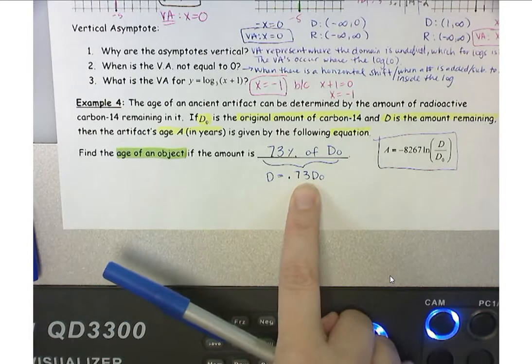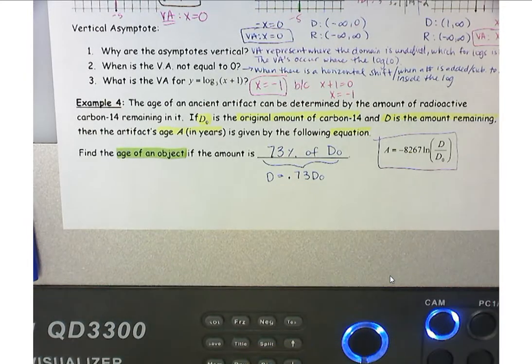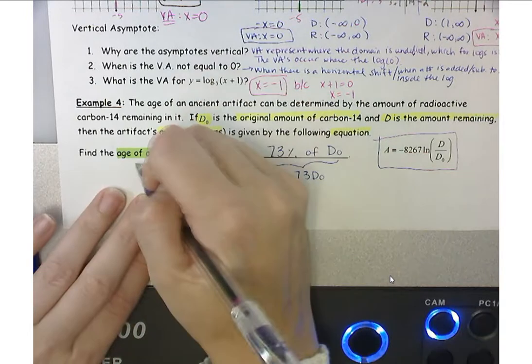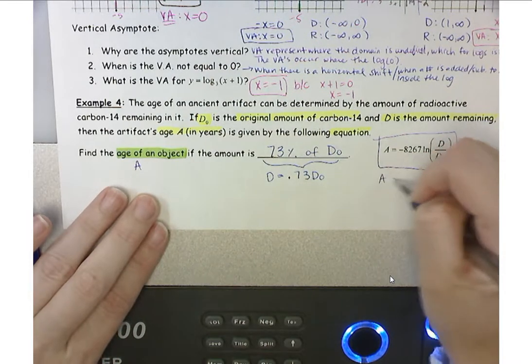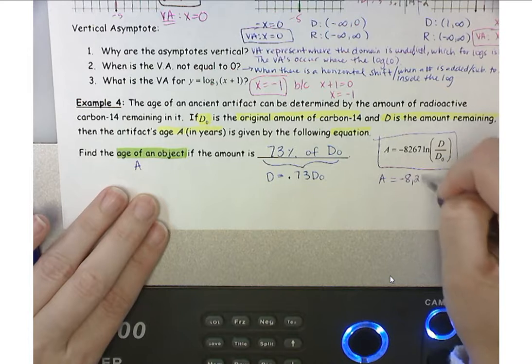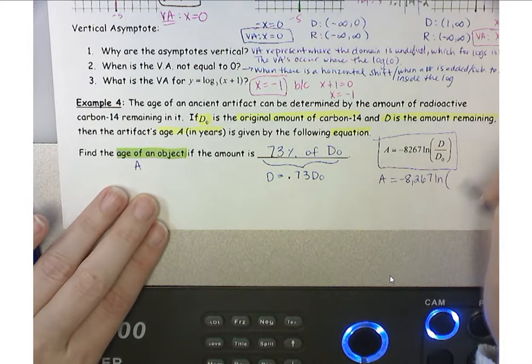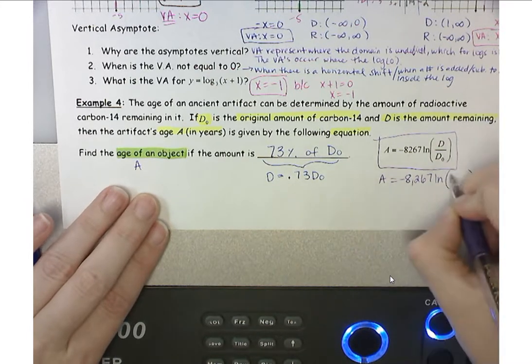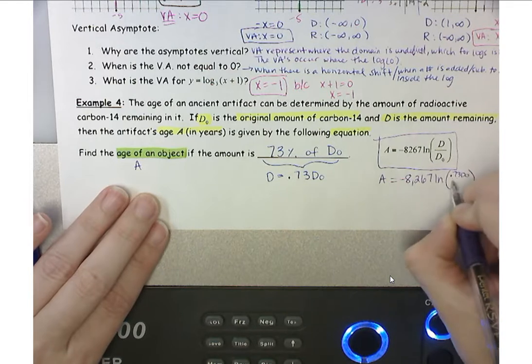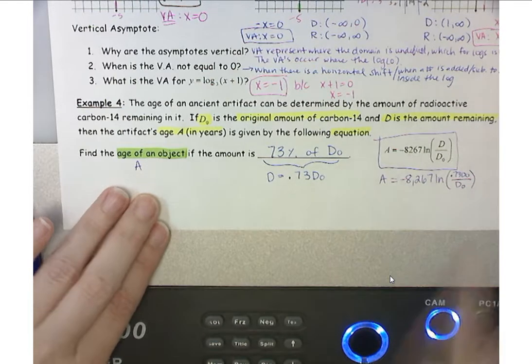And then we can go ahead and plug this in for D. And our age of the object is A. So we're going to do negative 8,267 times the natural log of, so if D is equal to 0.73 D sub 0, I can pull that in.